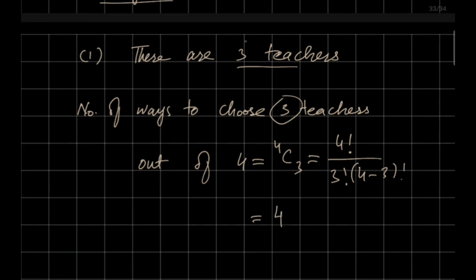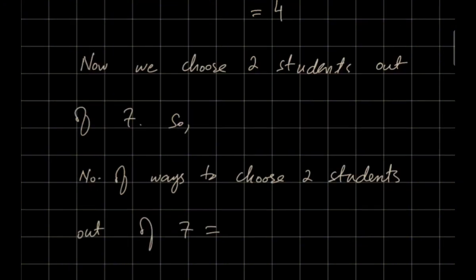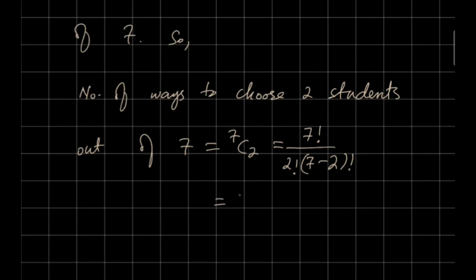Since we have chosen 3 teachers, and we want to make a committee of 5 people, we have to choose 2 students out of 7 as well. The number of ways to choose 2 students out of 7 is 7C2. Its answer is 21.